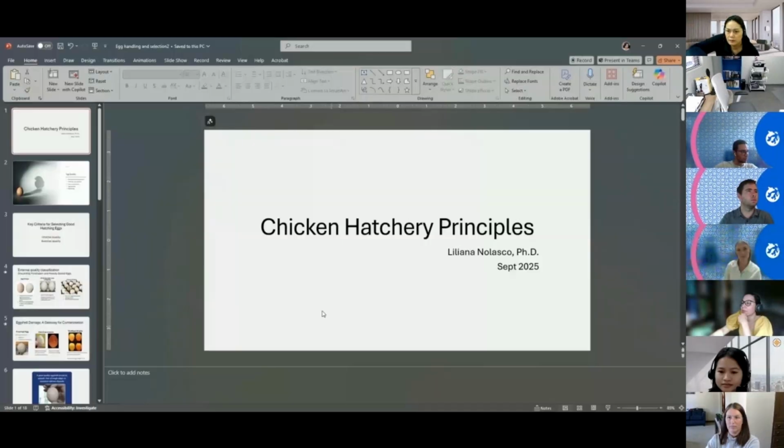Let's see if I remember how to do this. Window. There you go. Do you see my presentation, my PowerPoint? Yes? Yep. So how about now? Can you see it? Can you still see it? We can see it. It's not in presentation mode, but we can see the whole screen. Is that in presentation mode?